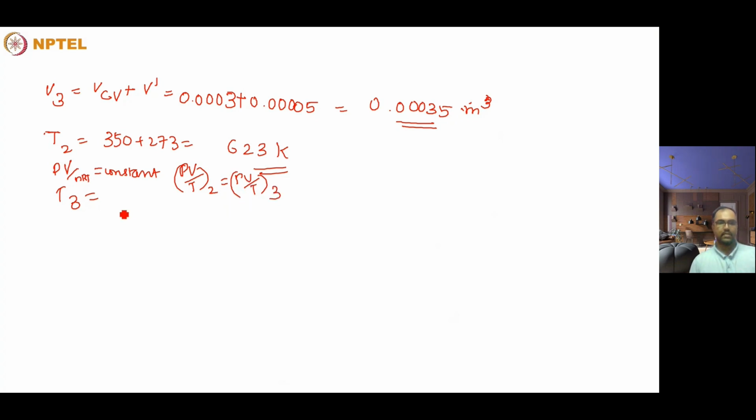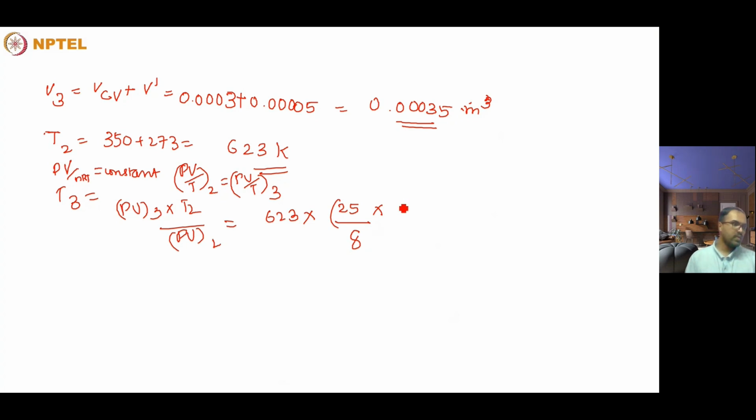From this, T3 is equal to P3 V3 into T2 divided by P2 V2. So T3 is equal to 623 multiplied by P3 V3 over P2 V2. The pressure at the end of combustion, the peak pressure, is given in the problem as 25 bar, so you can write it as 25, and the pressure before is 8 bar.